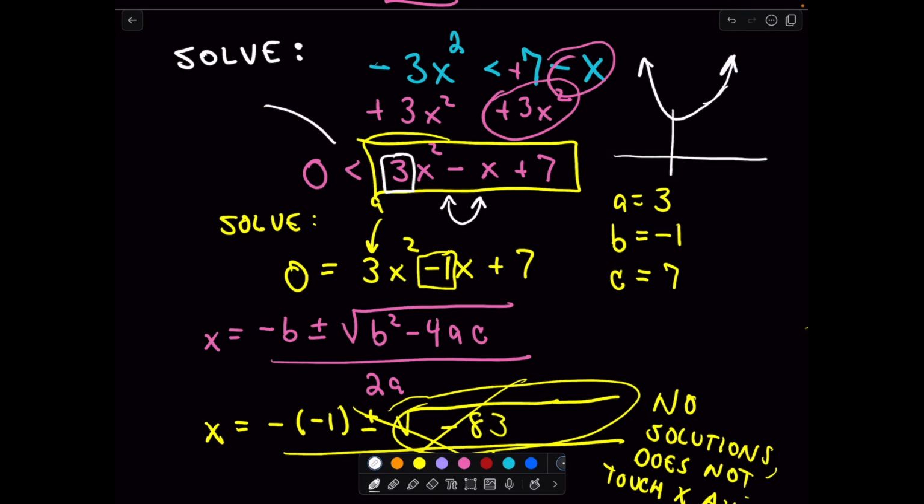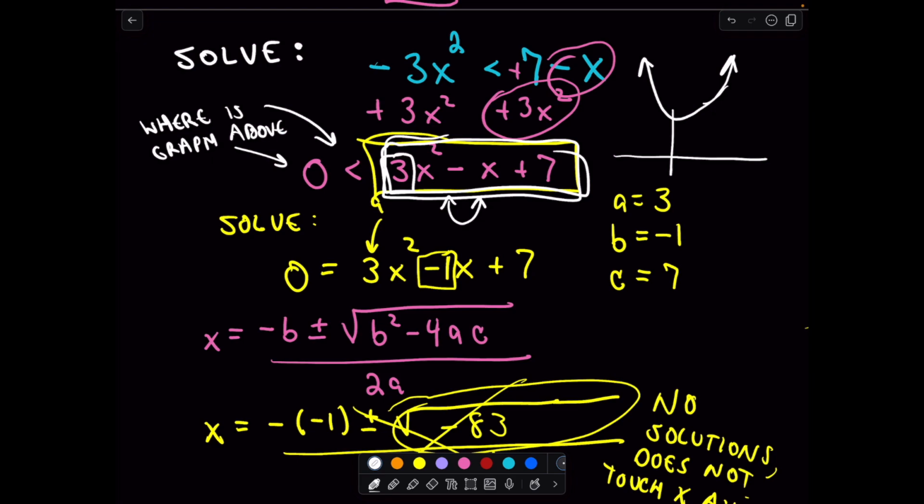Well, for this inequality, it says, where is the graph above, greater than 0? Where is the graph above the x-axis? And it looks like the answer to that is everywhere.